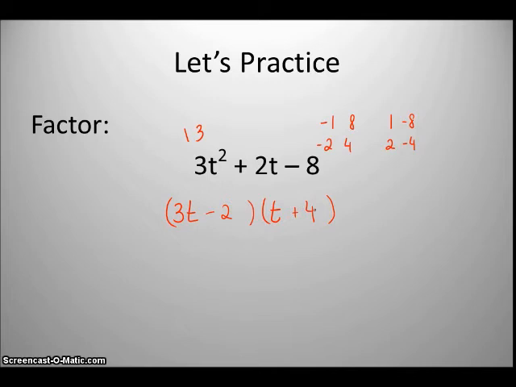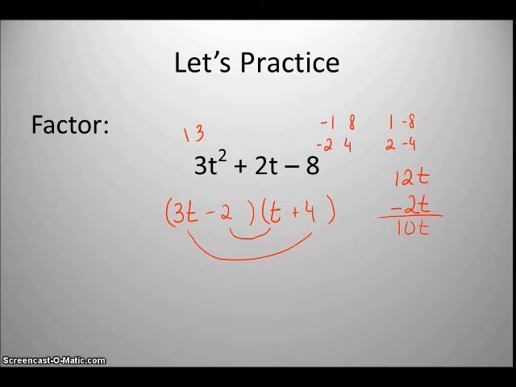Now I'm going to check my smiles and see what I get. Now I have negative 2t. 3t times a positive 4 is going to give me a 12t. Now what's 12t minus 2t? Oh, well, that gives me 10t. So I know that's not it.